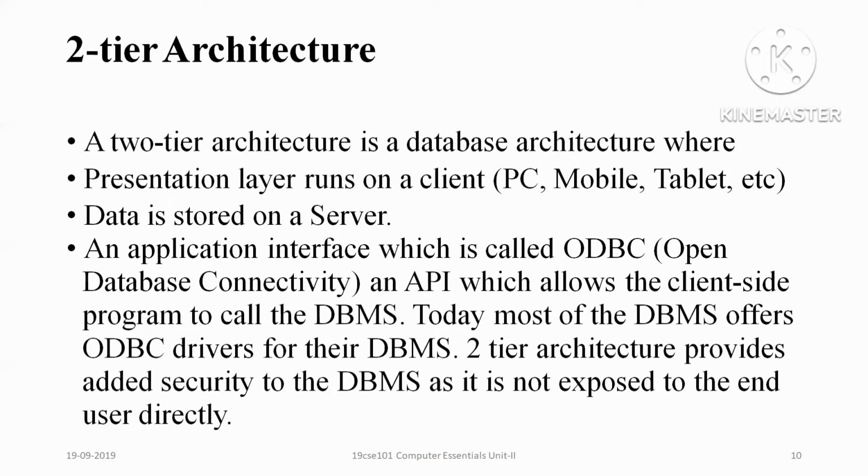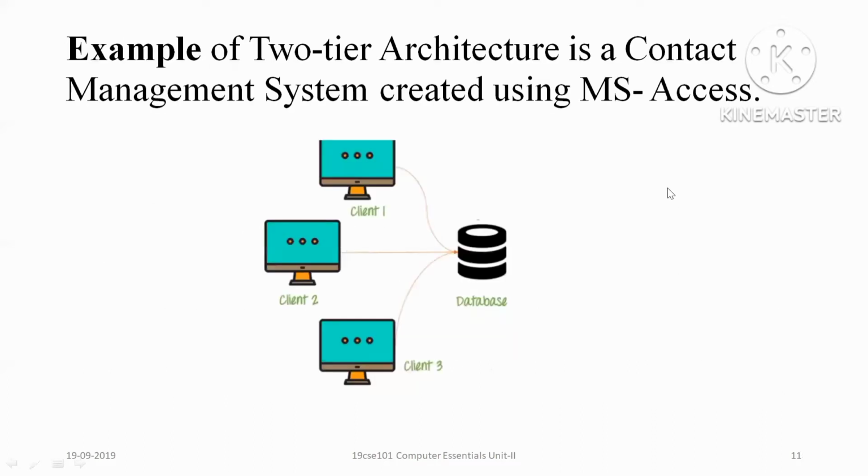The DBMS is more secure according to two-tier architecture because the end user is not directly exposed to it. For example, we can take a two-tier architecture of a desktop application, such as an Excel sheet, Word document, or desktop game, right?